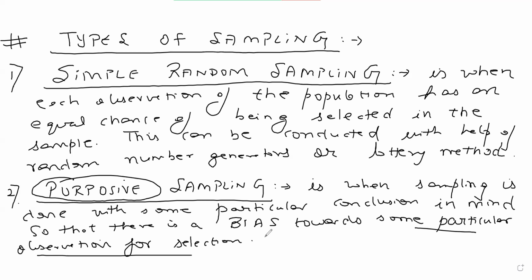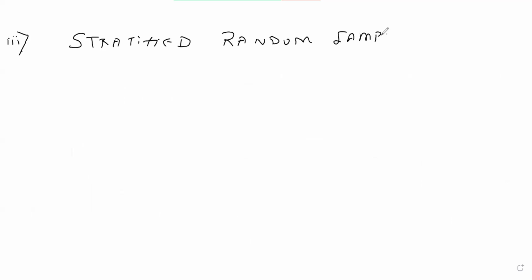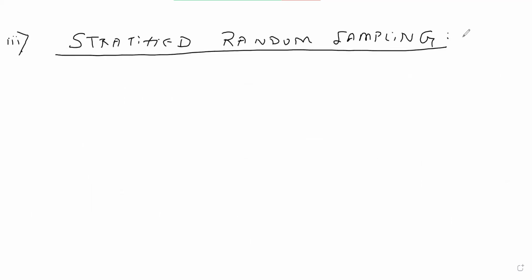The last kind of sampling is stratified random sampling. This is also an important method, and this is also widely used. Now, stratified random sampling is basically recommended when your population is quite heterogeneous. Heterogeneous means it has too many variations within it.